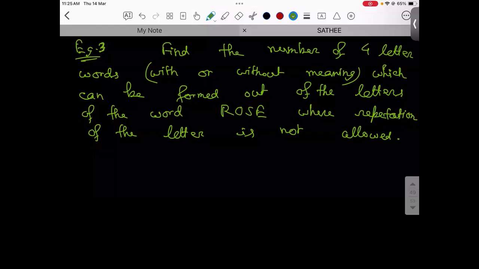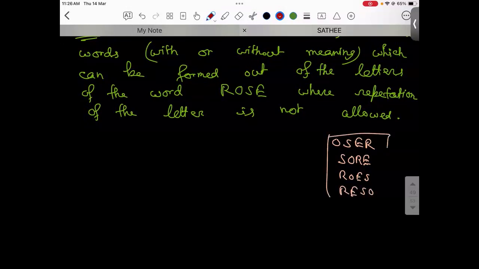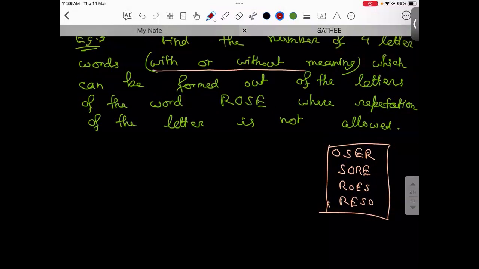Like O S E R, I don't know if this has any meaning or not. I may write SORE, ROES, RESO. So all possible words are allowed. It is just stating, with or without meaning.